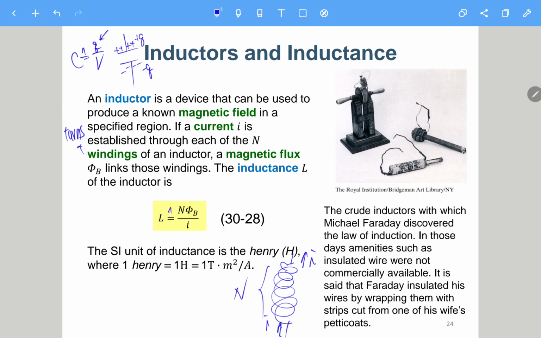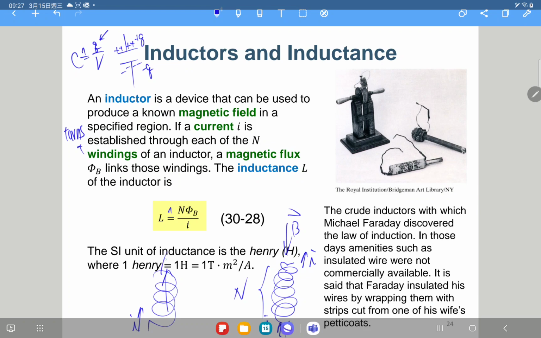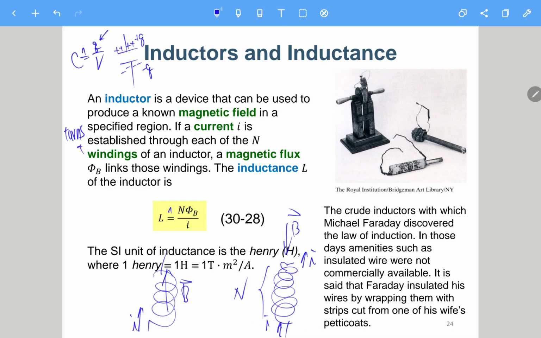There will be some B field generated, or maybe the other way around. I draw it like clockwise, so it should be the other way around. If I draw it like this, B field should be pointing downward inside the inductor. And if I draw it like this, this is the current direction, and in that case, B field is pointing upward. But this is a small issue.